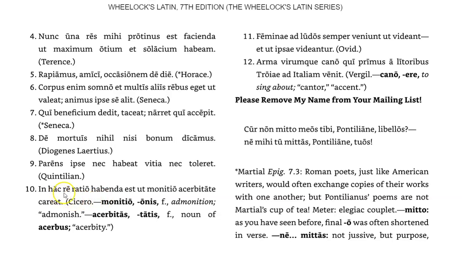So what do we have here? In this matter, reason is to have. So in this matter, reason is to be had, so that the admonition is not without acerbity.